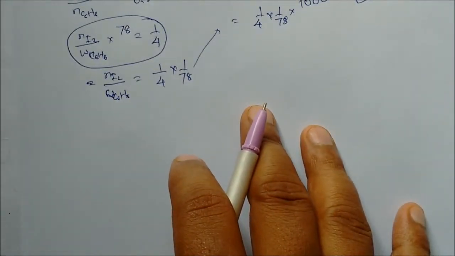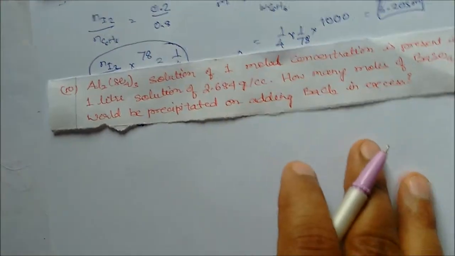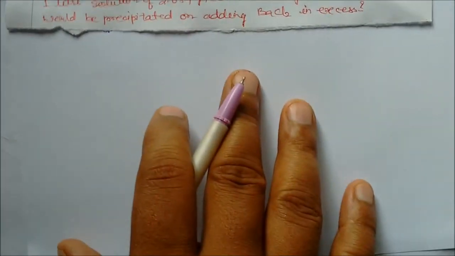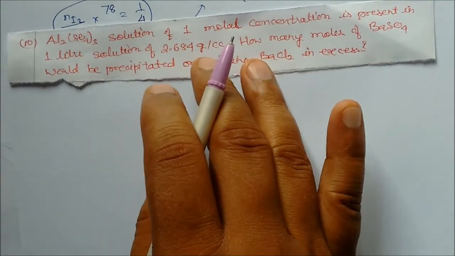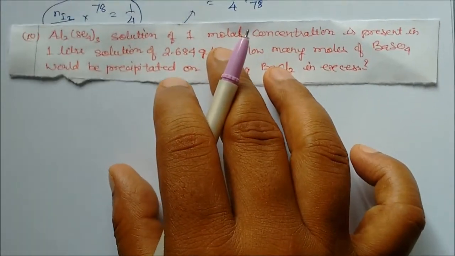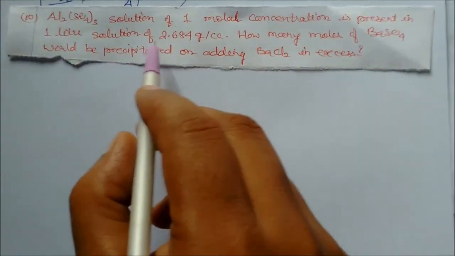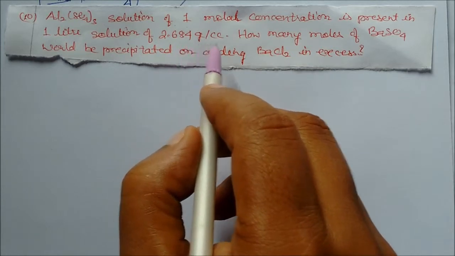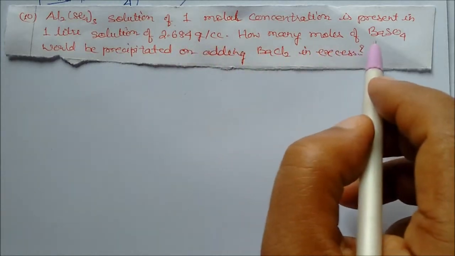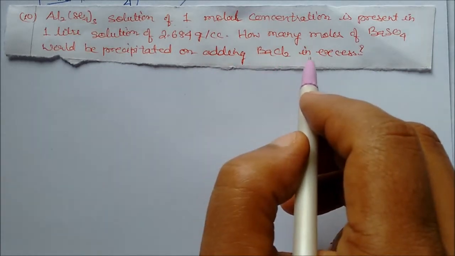So we will see one more problem. So one more problem is ammonium sulfate of 1 molar concentration. So this is 1 molar concentration, and it is present in 1 liter of solution of density 2.684 gram per cc. So how many moles of barium sulfate would be precipitated on adding barium chloride in excess?